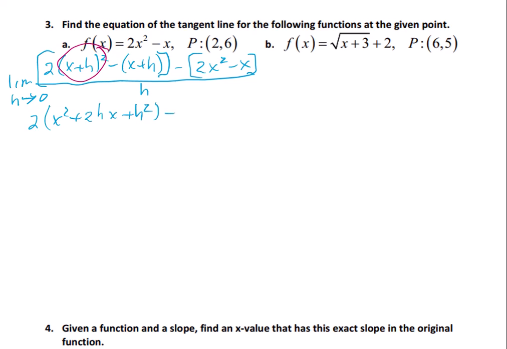And then I've got minus x minus h. There's my y2 spread out a little bit more. I'm going to subtract my y1 over here. So I've got minus 2x squared plus x. All of that's over h. We're wanting that limit.